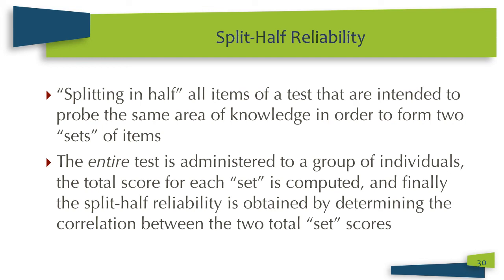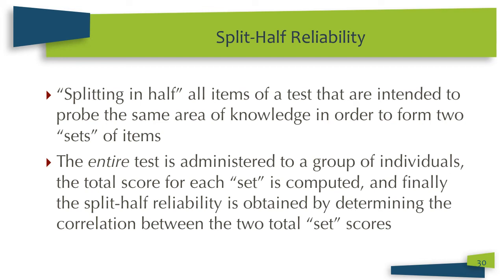The entire test is administered to a group of individuals, and the total score for each of the 2 halves that you created is computed. And finally, how do you get this split half reliability? You see the correlation between the 2 halves that you made. If it is high, you have internal consistency.